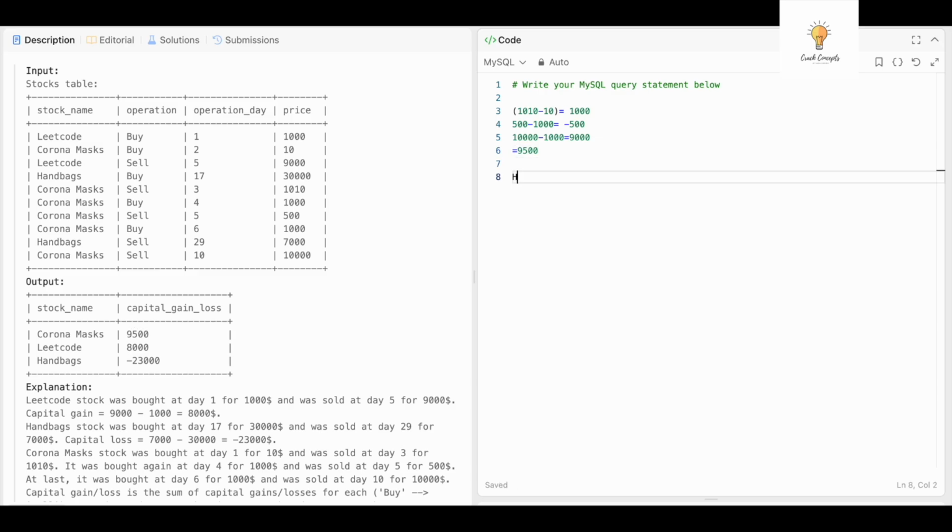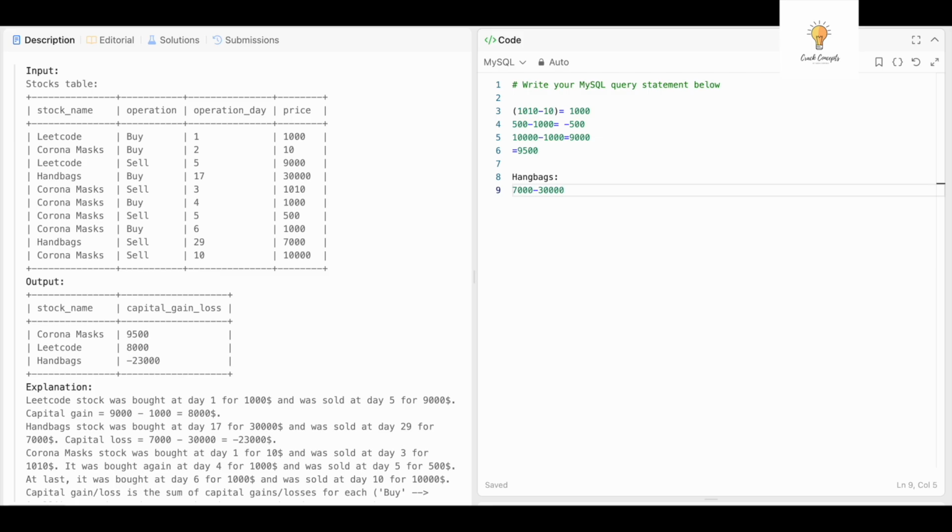Now let's see for handbags. Handbags were bought on operation day 17 for price 30,000 and they were sold on operation day 29 for price 7,000.